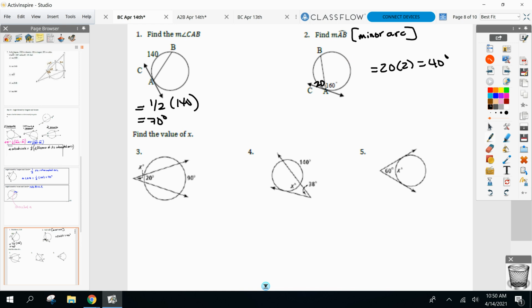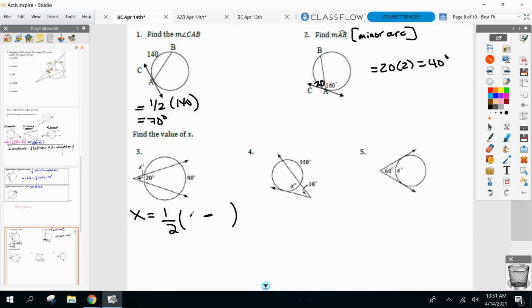3. I'm looking for angle X. First question I'm going to ask you every single time: inside or outside? Or we're done. I've got no more questions for you. If you tell me the angle's on the outside, it's found one and only one way, by taking half the difference of the arcs in between. Every time.